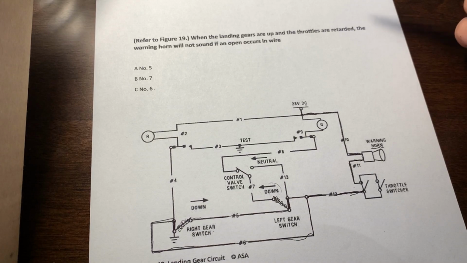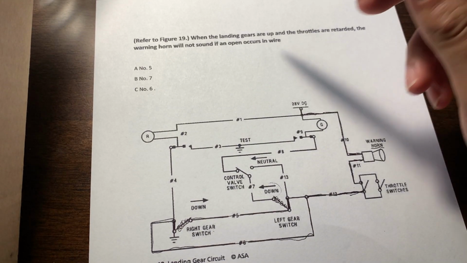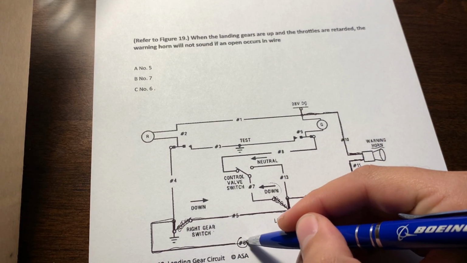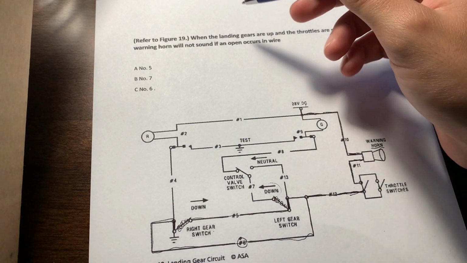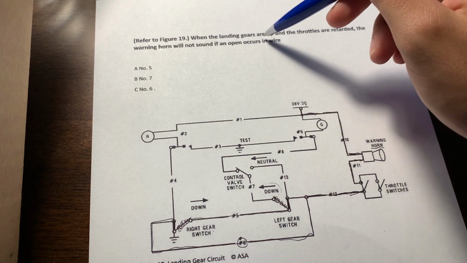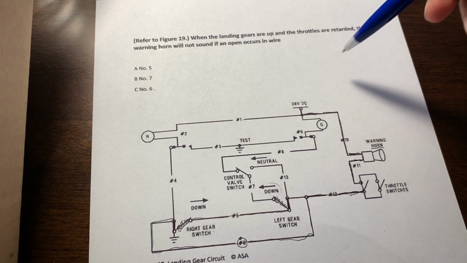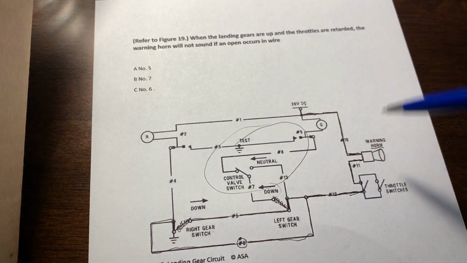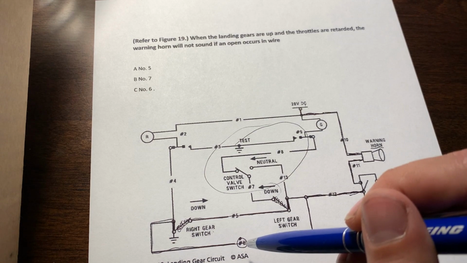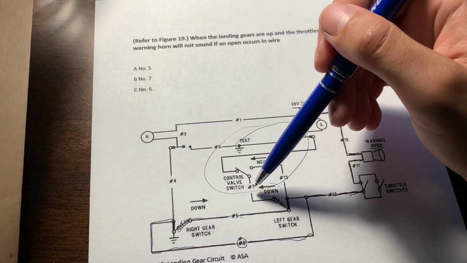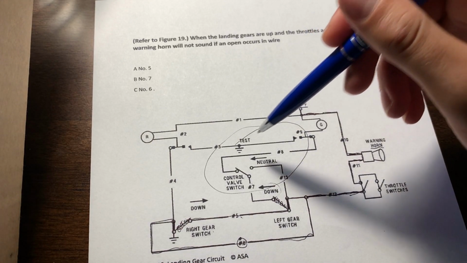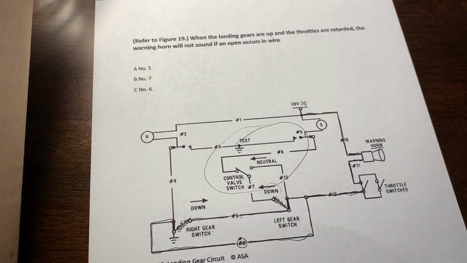So if you go back to what it's asking, the warning horn will not sound if there's an open in wire 6, since it's configured as the landing gears up and the throttles retracted. We don't really deal with anything up here because it's only asking for 6, 5, and 7, and this is a test circuit, so we're not going to deal with that.